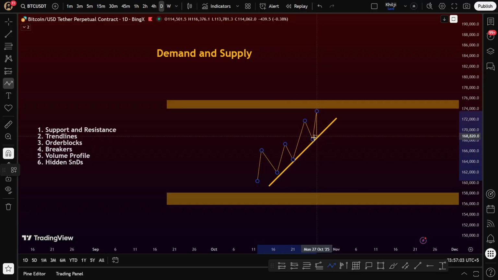So this also becomes a demand because price is bouncing off of these levels. It's not horizontal like support, but it's diagonal. The price is going up, it's trending, but it's still holding these taps of the trend line. So it becomes a resistance. Sorry, it becomes a support.